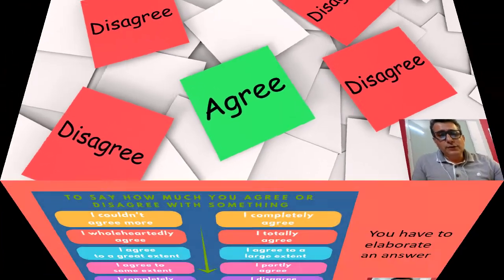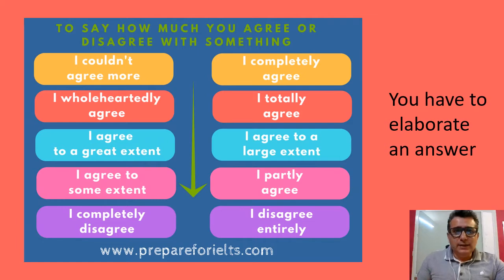As I told you before, there are a lot of ways to express agreement or disagreement. We have some phrases, as you can see in this slide, a lot of phrases to show agreement or disagreement. What's the difference between these expressions that you are observing in front of you and the other expressions that we are going to practice and learn for this class? Well, the main difference is that when we are using these expressions that you see listed in front of you, you are asked or required to elaborate an answer.